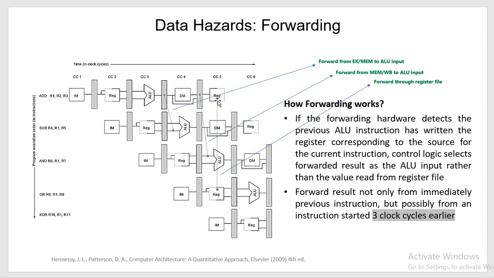Okay, but for the third instruction there is no need to insert any forwarding hardware, because the data will automatically be loaded into register R1 during the first half of the fifth cycle, and the processor will automatically read it in the second half of the fifth clock cycle.